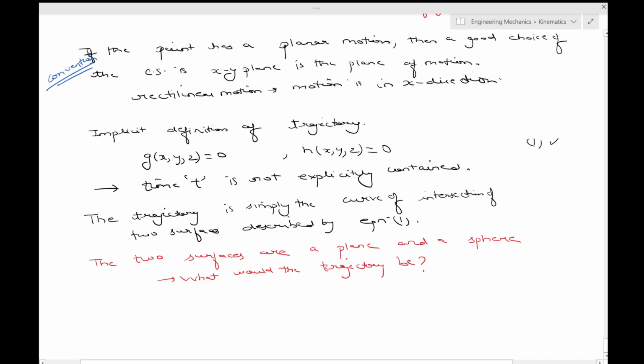Or you can invent your own exercises. If you have a conic section with a plane, then what would be the intersection between these two? So what would be the path, what would be the trajectory then? So that's the idea contained over here.